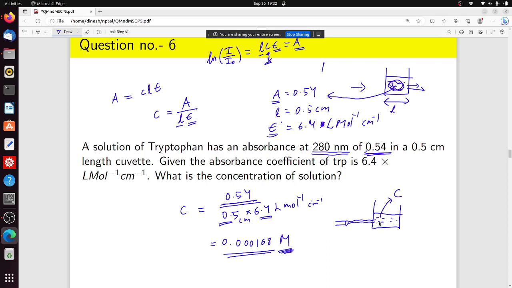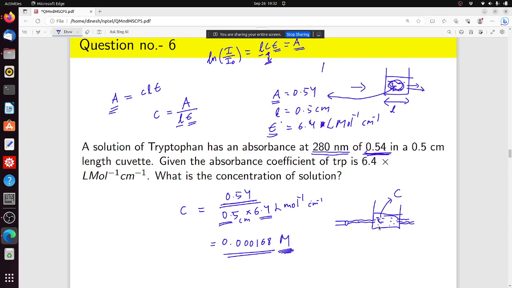By this process, some amount of light is absorbed by the solution and the rest is transmitted. The amount of light absorbed is determined by the absorbance. Absorbance is given as 0.54, which means around 50% of the light is being absorbed and the rest is transmitted.